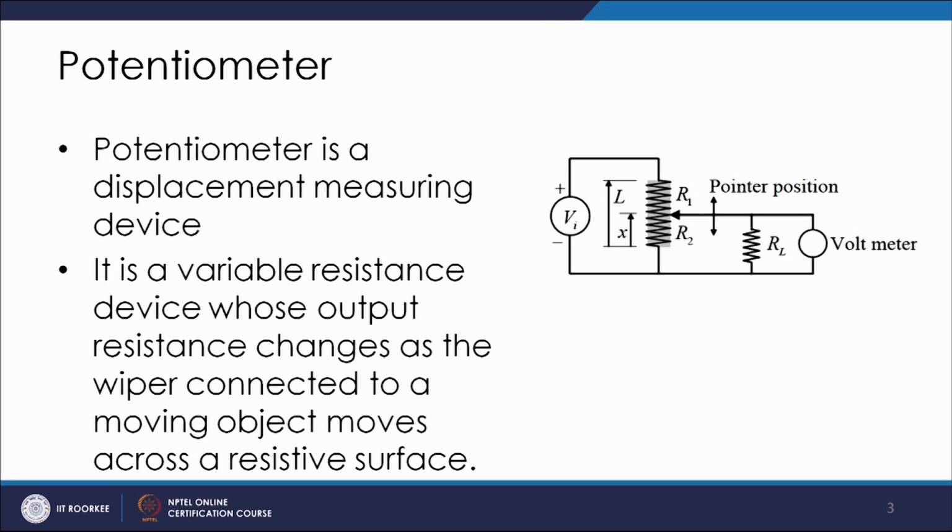So, here you can see that as this wiper moves across this resistive surface, the resistance changes, and based on this linear motion we get the electrical signal, or we get the voltage here.